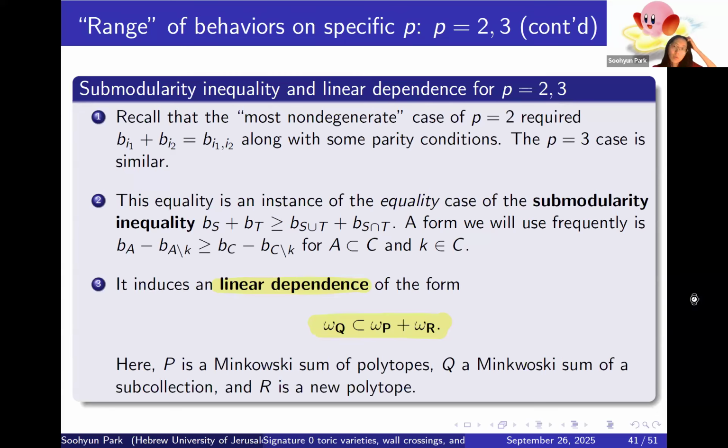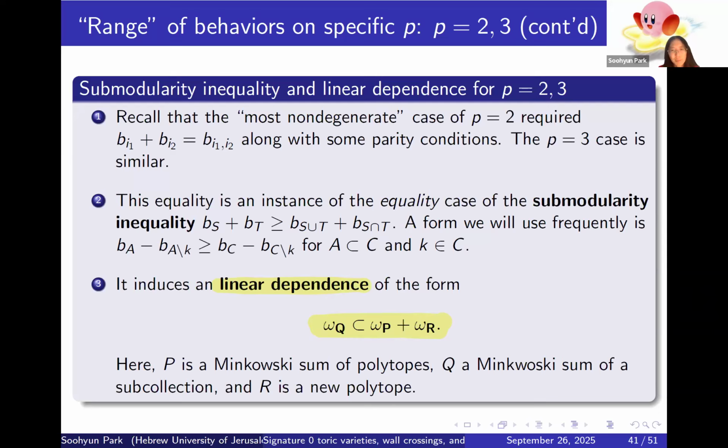In any case, when we specialize, this is for Minkowski sums of whatever polytopes. If we actually plug in the divisor polytopes that we started with, what these give us are linear dependence relations between the linear subspaces, the maximum linear subspaces, and realizations of lengths.